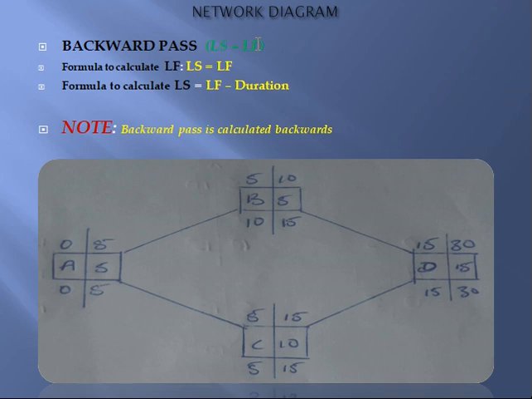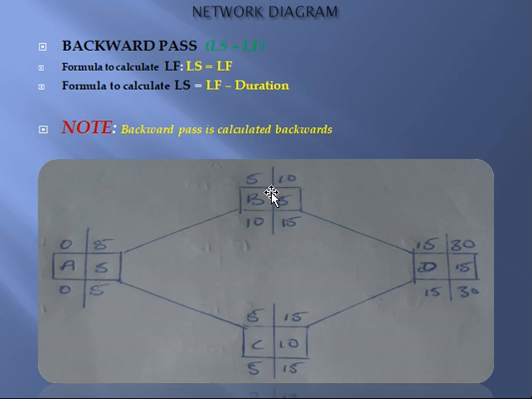Now the formula to calculate the late start is LS equals LF, late finish, minus what? The duration. So this is the formula we are going to be applying in the course of the calculations.